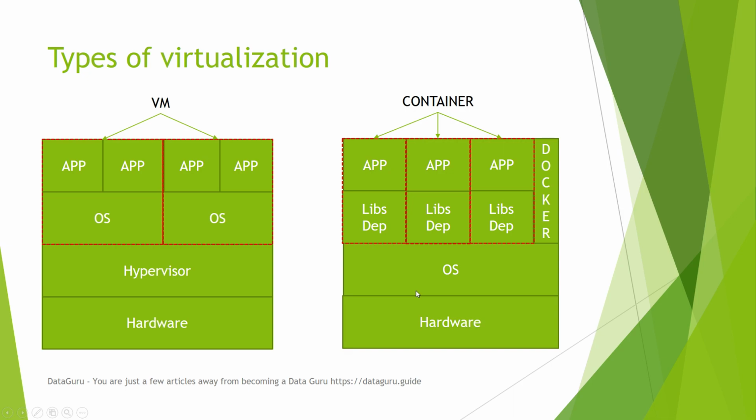So the idea behind containers is quite simple. Why should we ship an operating system with each virtual machine? Why don't we use a shared operating system and only provide libraries and some dependencies and configuration files which are specific to this application?